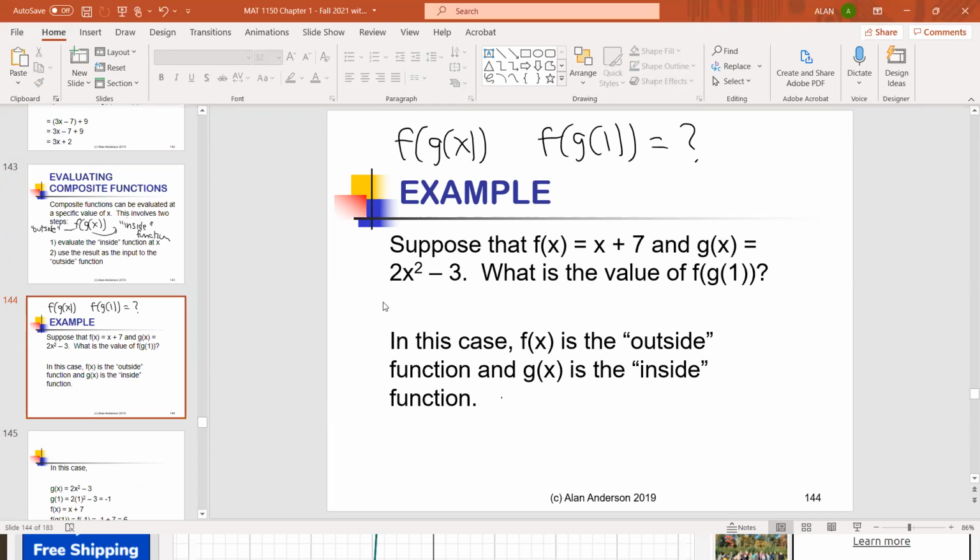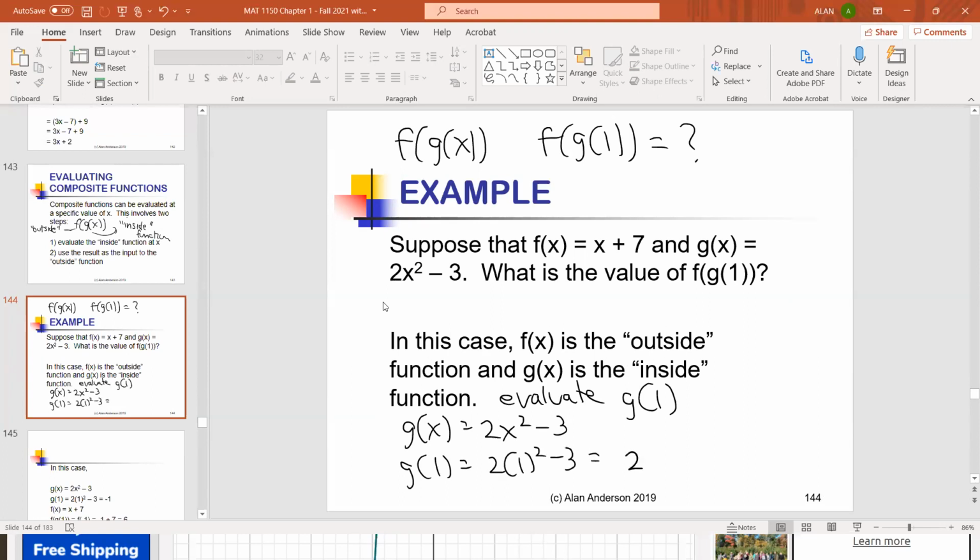So we're going to evaluate the inside function, g of 1. Okay, so if I do that, we already know how to do this. If g of x is 2x squared minus 3, g of 1 must be 2 times 1 squared minus 3, negative 1.